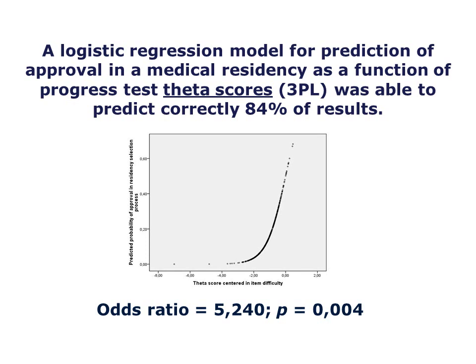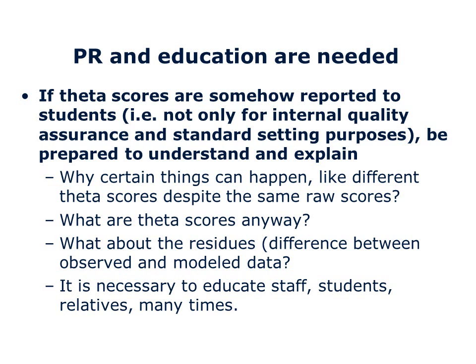For example, I did a study in which I tried to predict who would be approved at any given medical residency in Brazil as a function of progress test scores. Only theta scores produced by the 3-parameter logistic model, which accounts for guessing, were able to predict correctly 84% of the results. All the other ones were predicting less than 50%, so they were not useful and also not significant, not meaningful at all. So this is a clear superiority of IRT in terms of predictive validity.